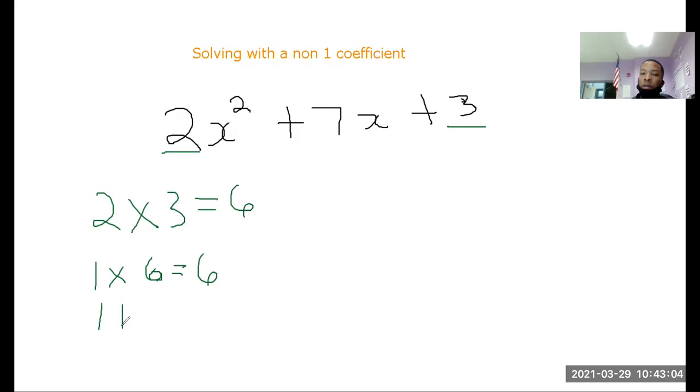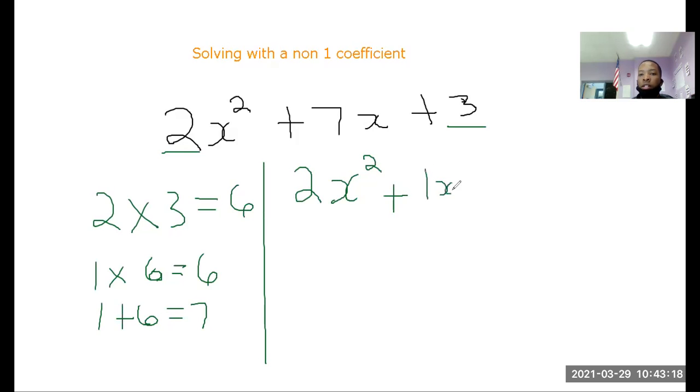Well, 1 plus 6 is 7. So then I take my 1 and my 6, and then I separate them. 2x squared plus 1x plus 6x plus 3. So all I did again was separate the 7x into 1x plus 6x from the 1 and the 6 that I figured out.